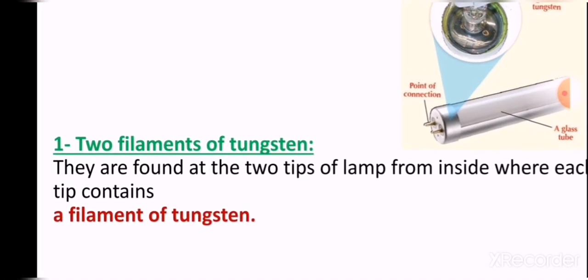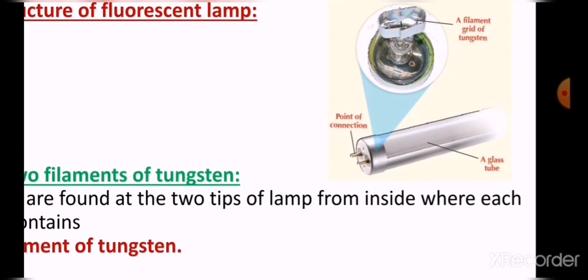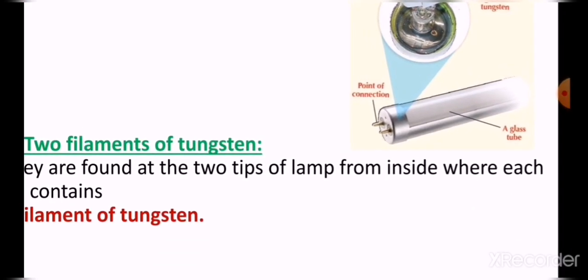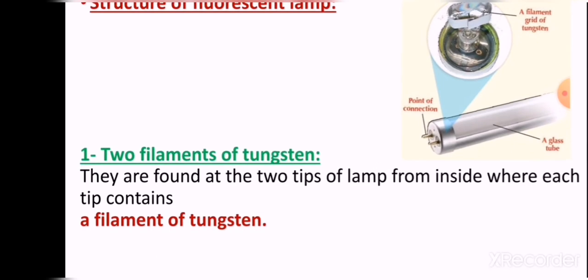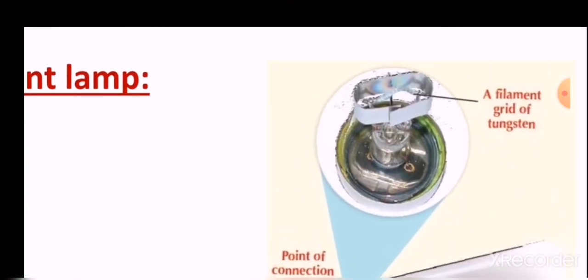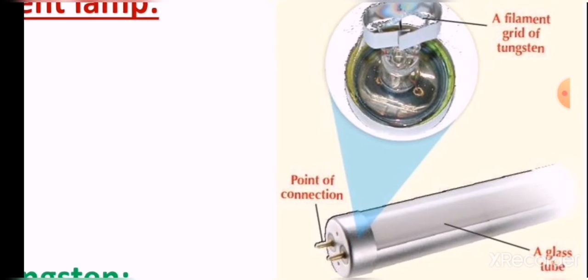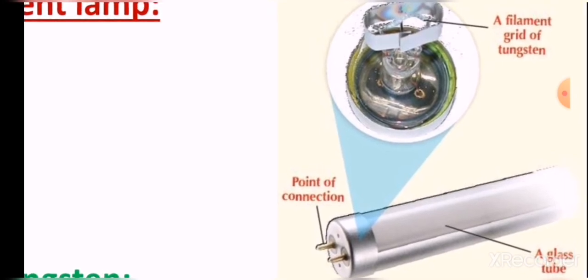They are found at the two tips of the lamp from inside, not from outside, where each tip contains a filament of tungsten.